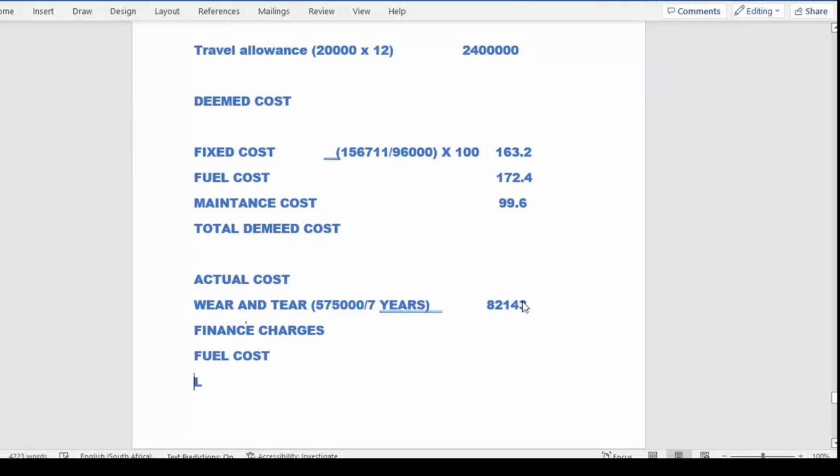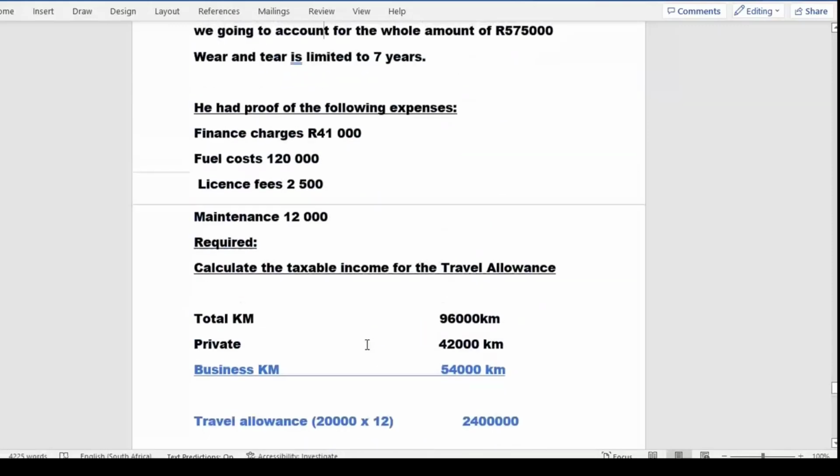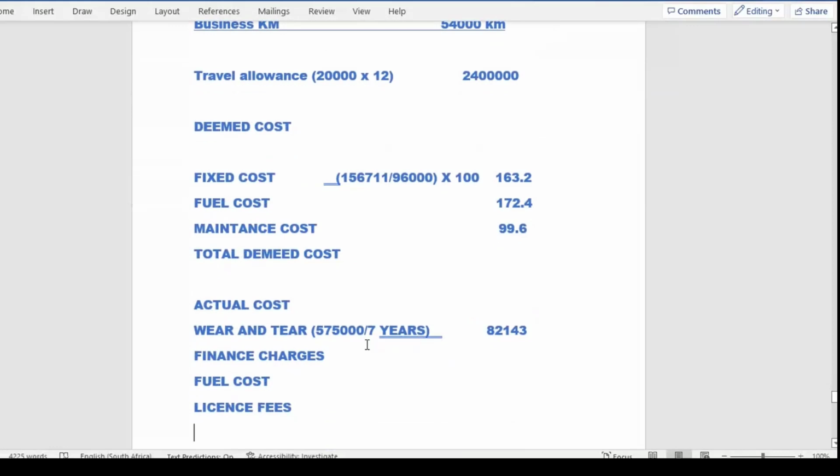Finance charges is 41,000, and the fuel cost is 120,000.